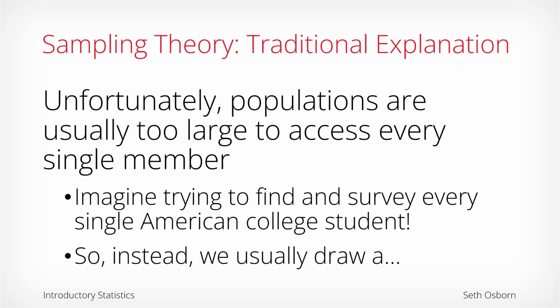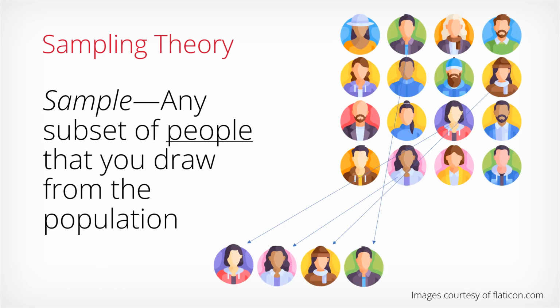Unfortunately, populations are usually too large for us to be able to access every single member in order to measure some characteristic. In our example, imagine trying to track down every single American college student and ask them this question. So because that's not feasible, we usually instead draw a sample.